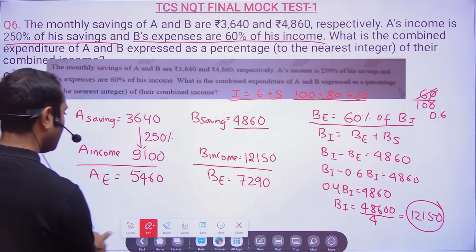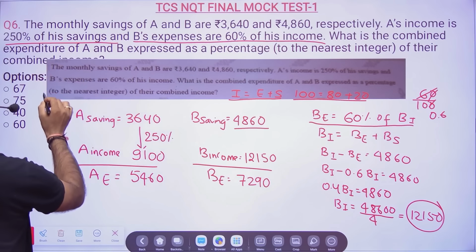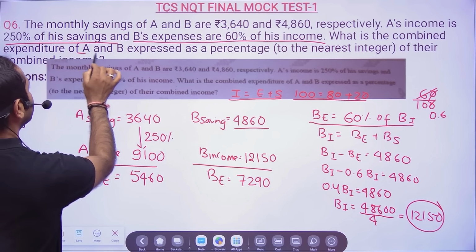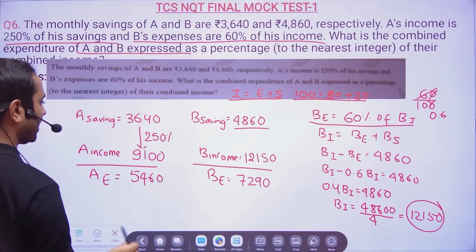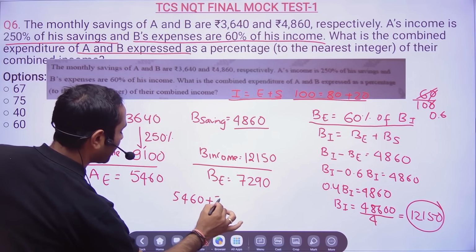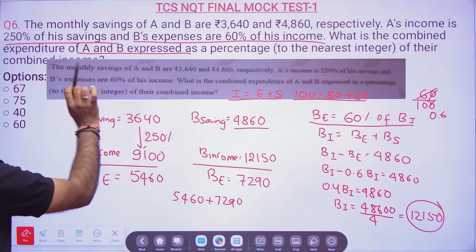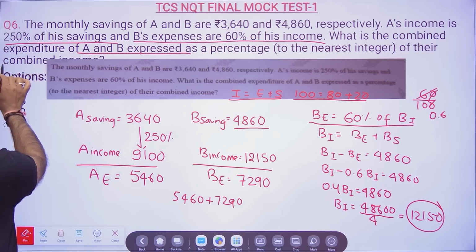Okay, fine. What are they asking in the question? What is the combined expenditure of A and B? Combined expenditure of A and B is 5460 plus 7290.